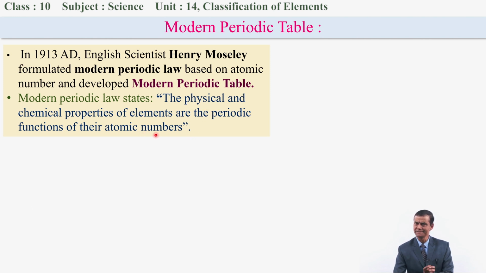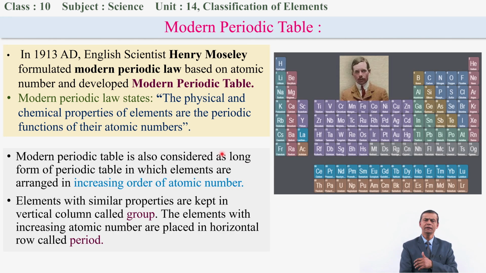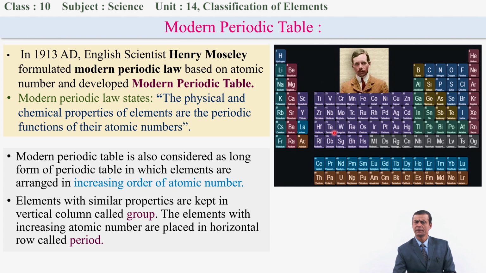Only one word is different in Mendeleev's periodic law and modern periodic law: atomic weight was given in Mendeleev's periodic law, atomic number is given in modern periodic law. So based on this periodic law, this type of periodic table was formulated.